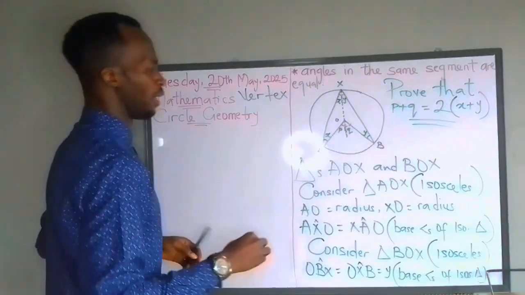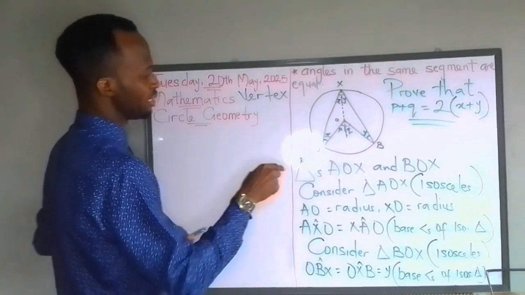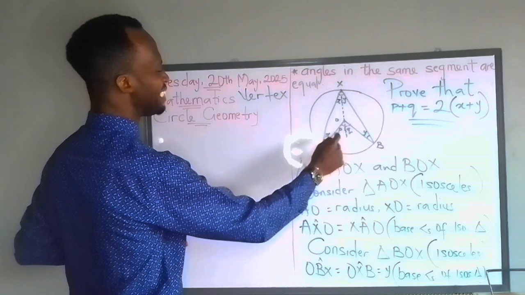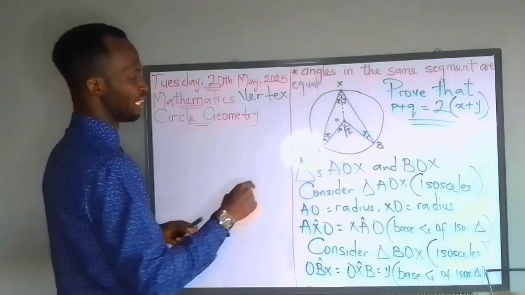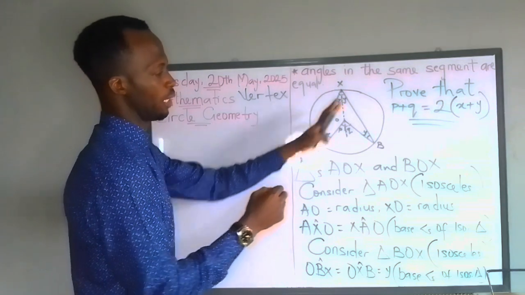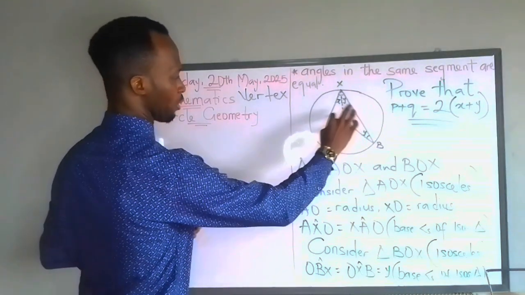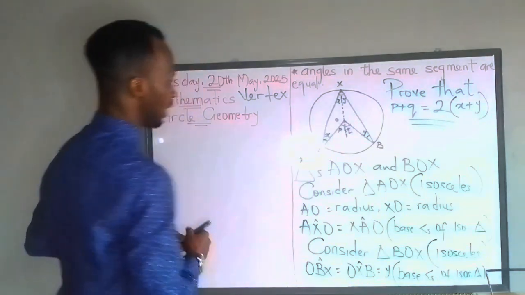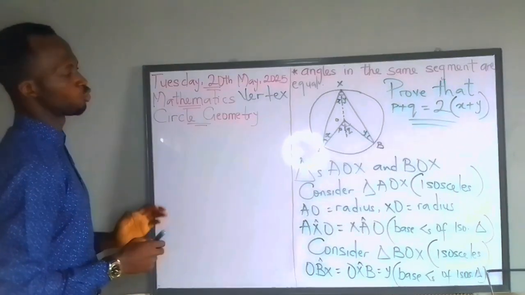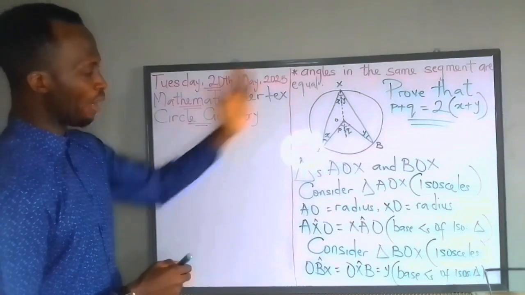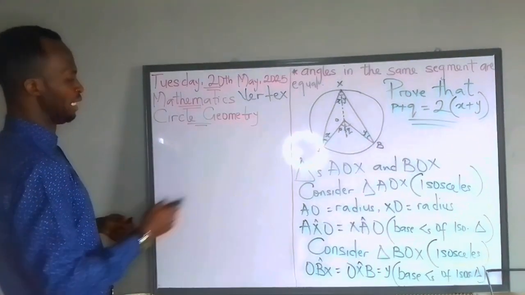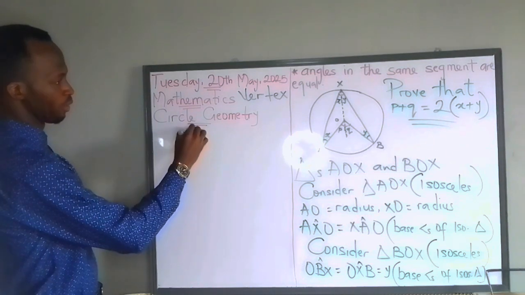But then you will see that angle P is an exterior angle. Don't forget that we are looking at these as two triangles. This is a triangle, this is another triangle. If you look closely at triangle AXO or AOX, you'll see that there's an exterior angle.